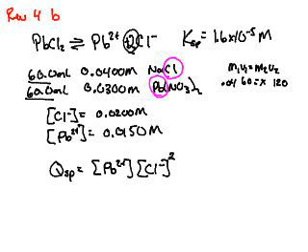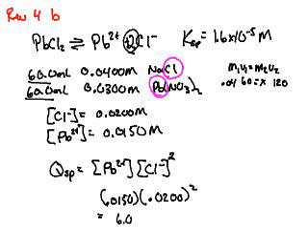So the lead will be 0.0150. I'm trying to keep all my significant digits because I'm pretending this is an AP exam. The chloride will be 0.0200 squared. So when you multiply those out, 0.015 times 0.02 squared, I get 6.0 times 10 to the minus 6th.